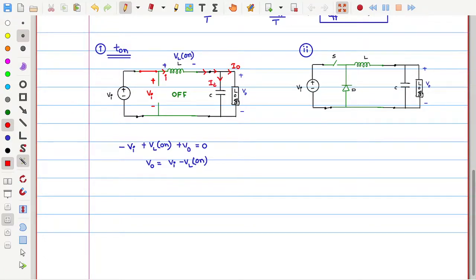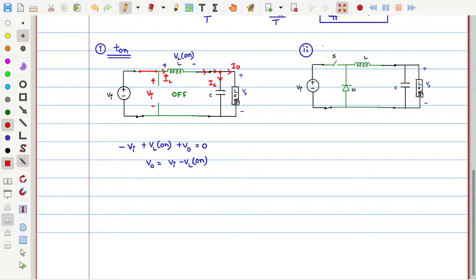If you want a little more analysis, you can go with KCL at this node. IL, the inductor current, is equal to the capacitor current plus the load current, which is the output current I naught.